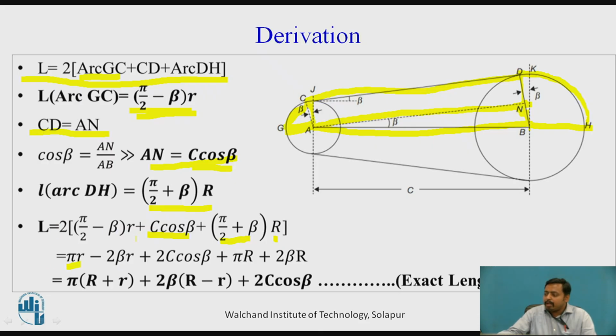Minus 2 beta r, this is the second term, plus 2 c cos beta, plus 2 into pi by 2 into R, that is pi R, plus 2 into beta into R. So taking pi common from the first and fourth, we get pi into (R plus r), plus 2 beta (R minus r), plus 2c cos beta. This is the exact length.